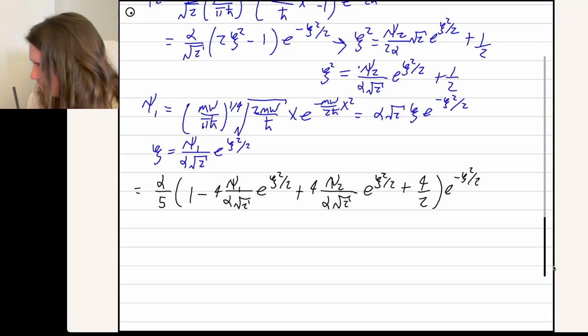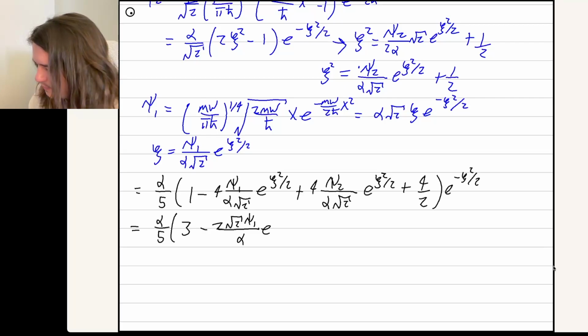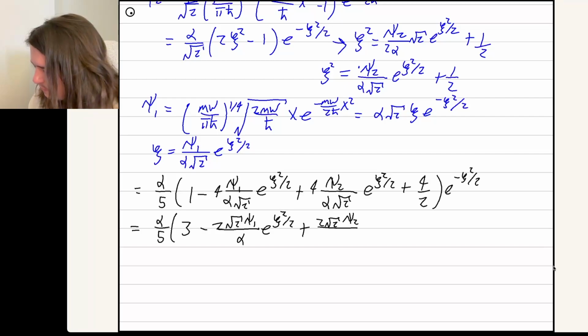And then that simplifies. 1 plus 2 is 3. We've got 2 times root 2 psi 1 over alpha e to the positive c squared over 2 plus 2 root 2 psi 2 over alpha e to the c squared over 2, and then all times this thing on the side.